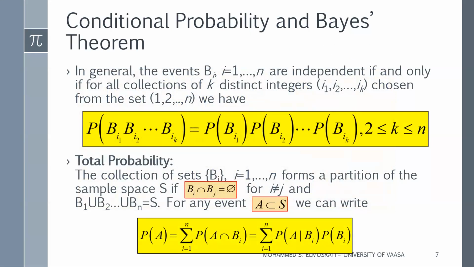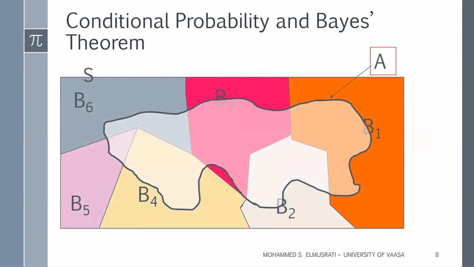Also here, we have a certain sample space, and this sample space is partitioned by mutually exclusive events like B1, B2, B3, and so on. Then we have a certain event A, which can be shared between all these mutually exclusive subsets.